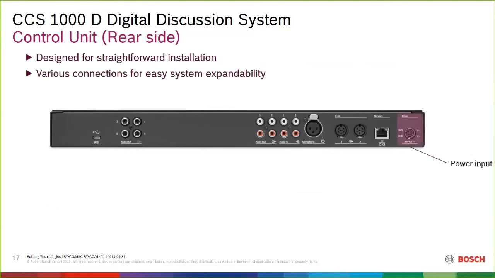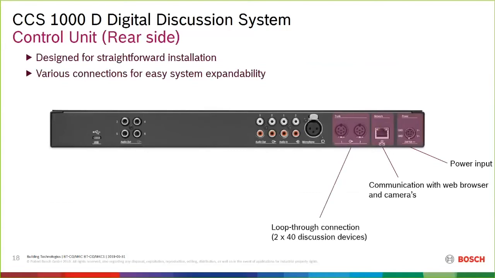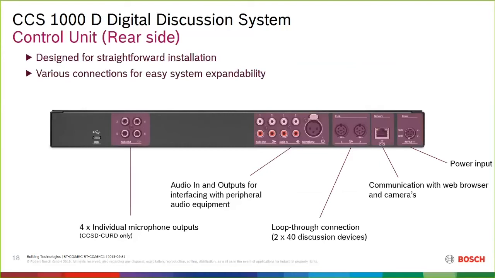And then on the rear, power input, we do have a wired connection. If it is connected to a wireless router, I can do it wirelessly, but it's good to know we can have a hard connection as well. Further left are the 2 powered trunks, roughly 40 discussion devices per trunk. More on that in a second.